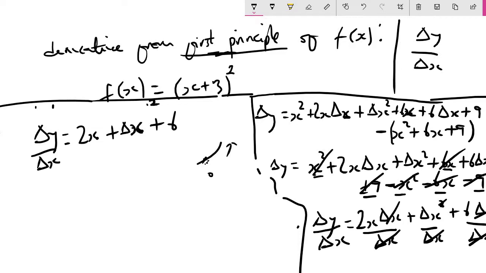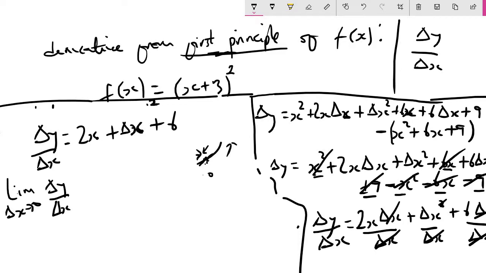So that is why we are going to find the limit of changing y over changing x as changing x approaches 0. Meaning we are reducing the gap so that it gets closer and closer to a straight line.